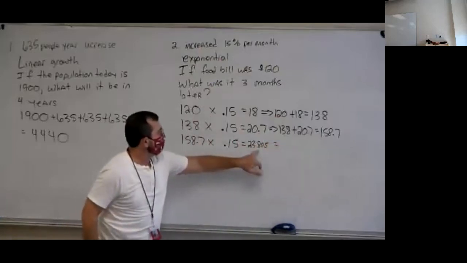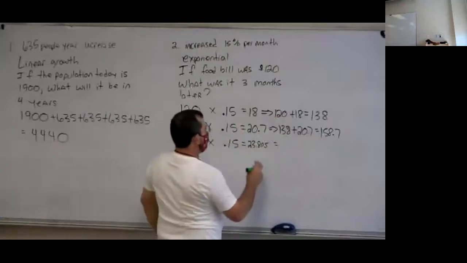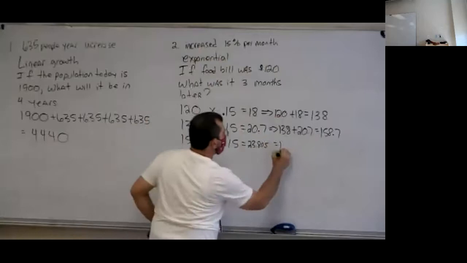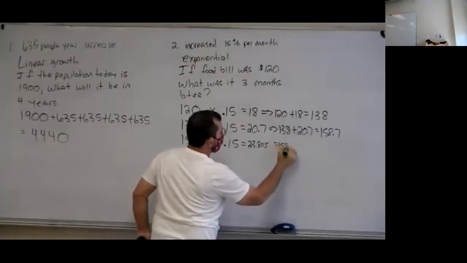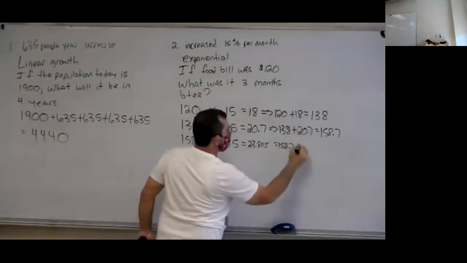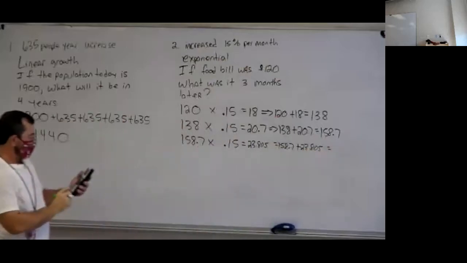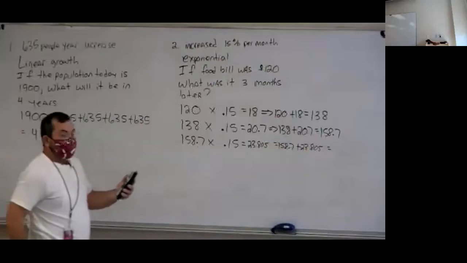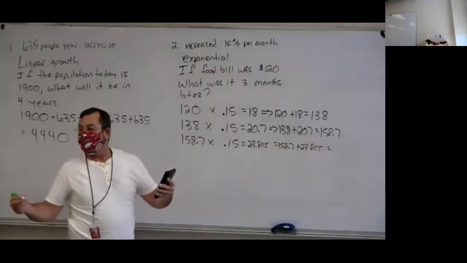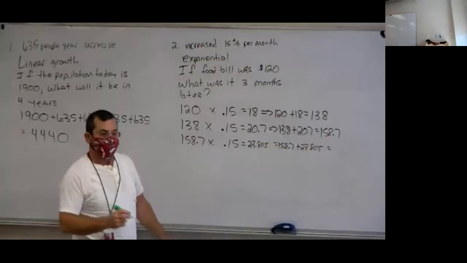So add that to the 158.7. So 158.7 plus what I just got, 23.805. So I'm ending up with 182.505. If I round that to the nearest dollar, I'm going to make that a 183.